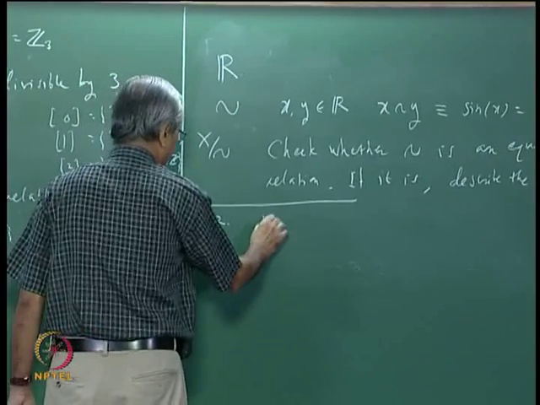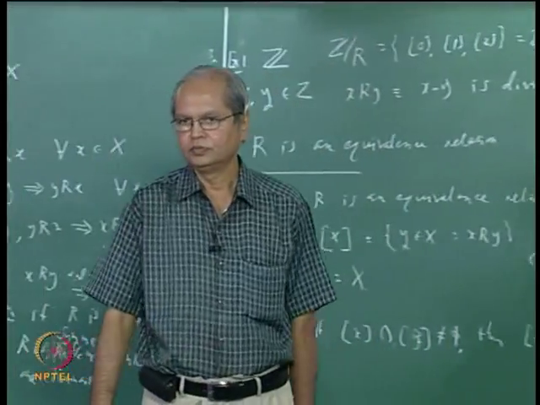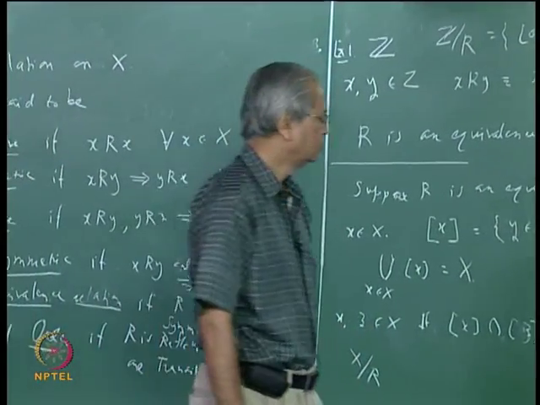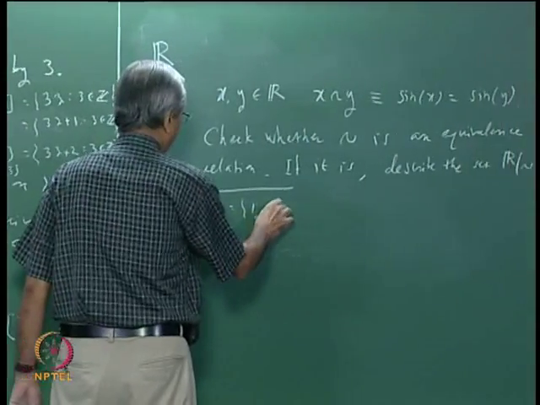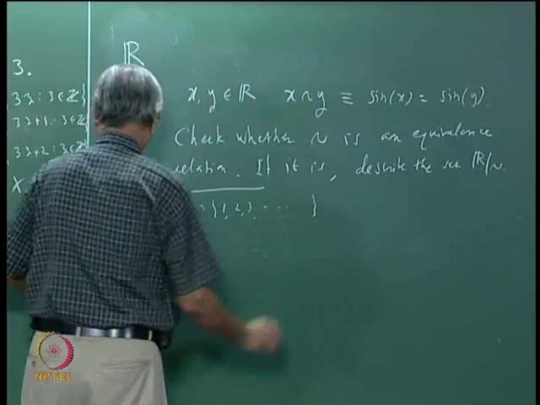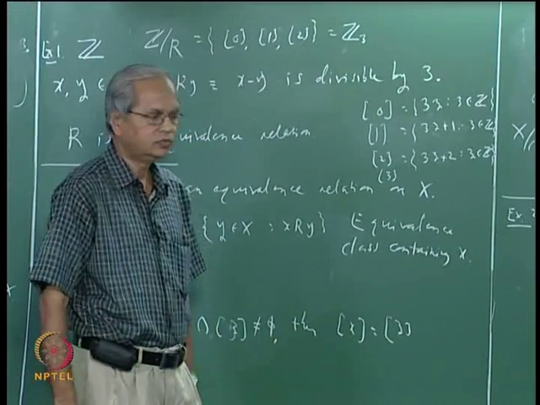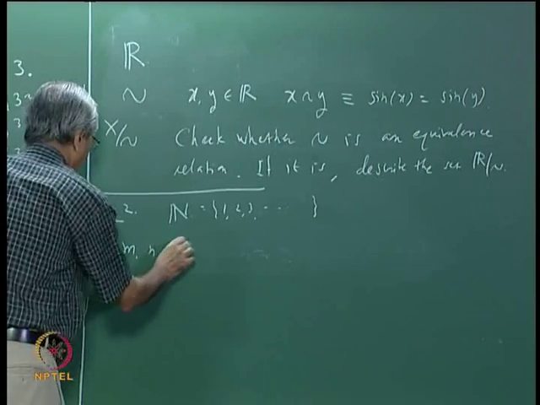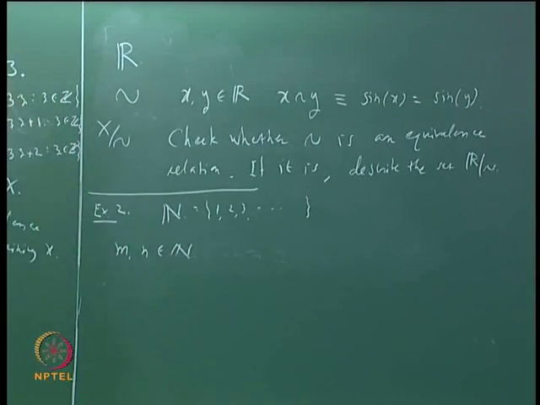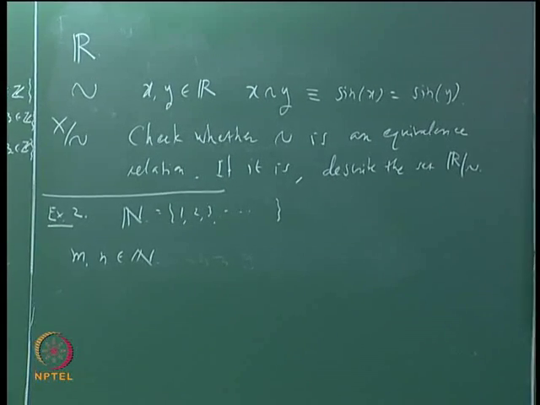I take the set of all natural numbers, the numbers 1, 2, 3, etc. Suppose we take two such natural numbers m and n, then I should say what is meant by saying that m is related to n.